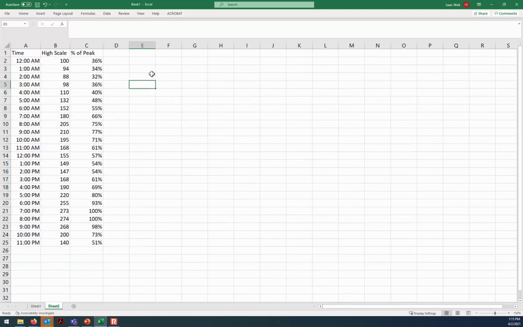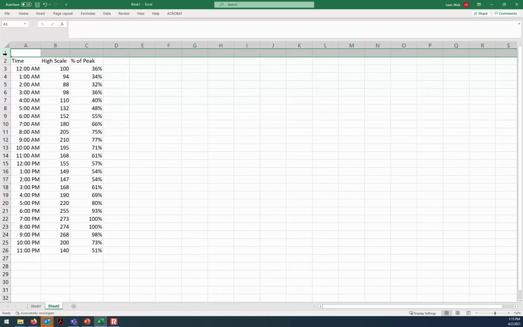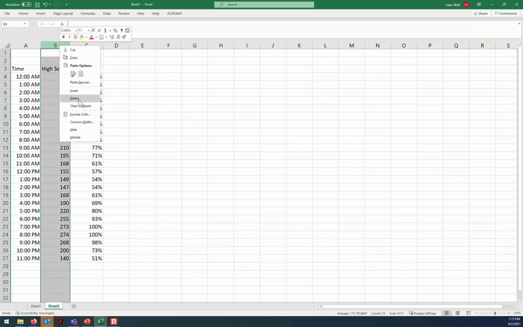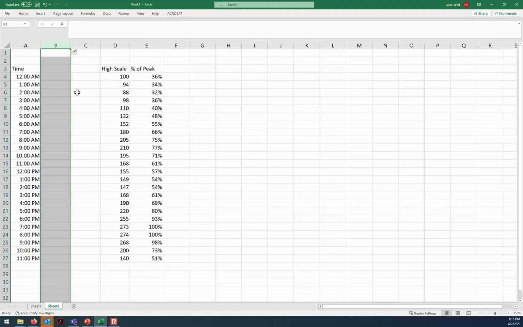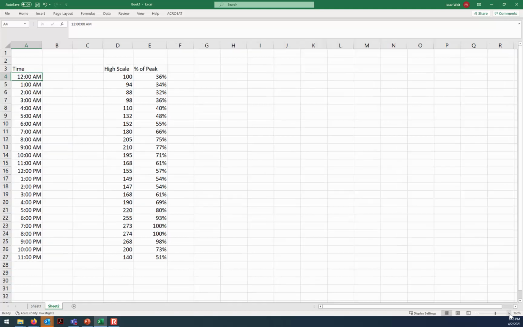All right. I'm going to put in a couple of extra columns though. I need to open up some space because there's some other things I'm going to calculate. So first of all, let me put in a couple of extra rows just so we have some room at the top, and then a couple more columns so that I've got some room in between. Now, we're starting here at midnight and going through 11 p.m. Each row represents 1 hour.